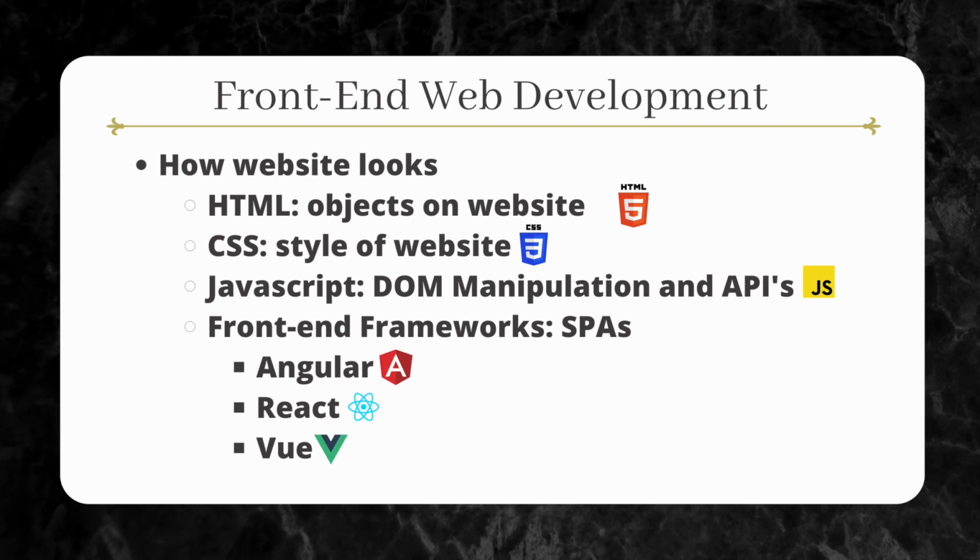You change how things look, and you'll see in games and stuff that's what it is. So those are the three main things for front end, and then after that you'll hear about these really complicated things like Angular, React, Vue.